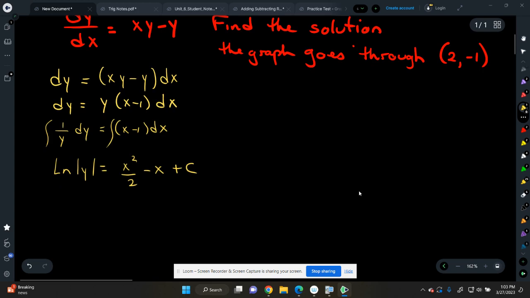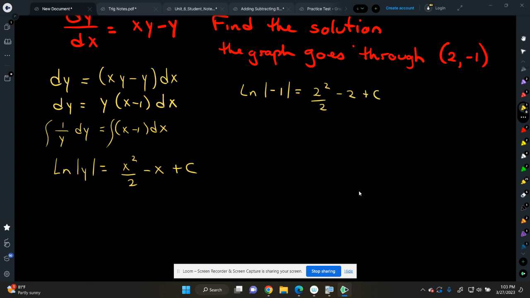Got to figure out that c value. So the natural log of the absolute value of negative 1 equals 2 squared over 2 minus 2 plus c. The natural log of 1 is 0, equals 4 over 2, so that's 2 minus 2 plus c.